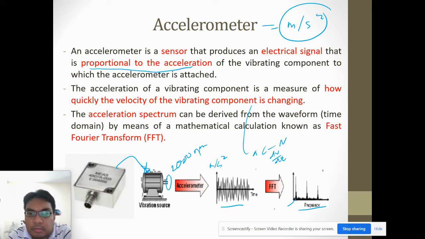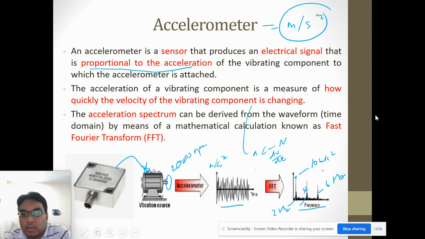For example, this one, maybe at 2 hertz, has the highest peak, maybe at 10 meters per second squared. It also has other harmonic peaks, for example at 4 and 6 hertz. So from this you can have a clearer understanding of at what frequency you want to apply a countermeasure.